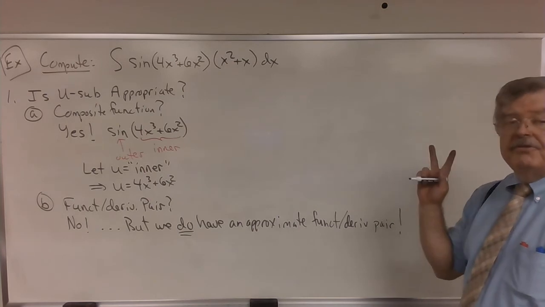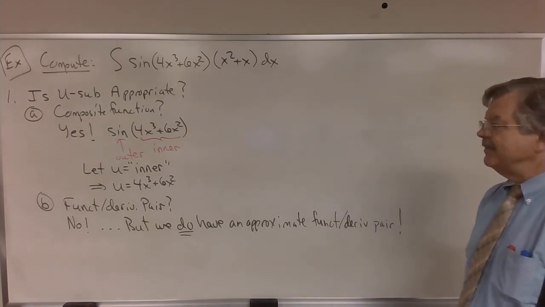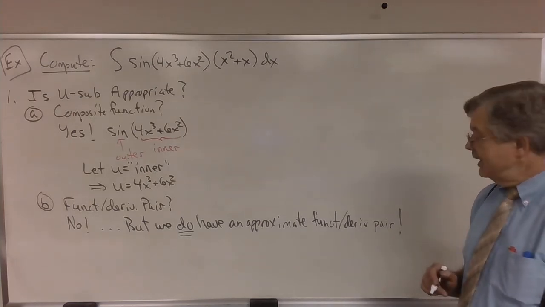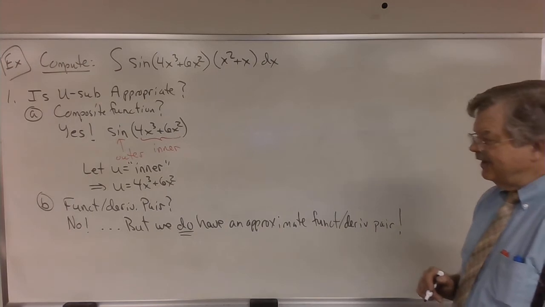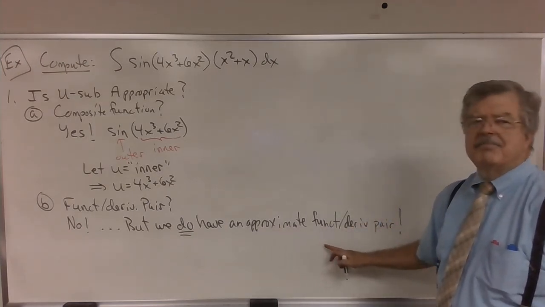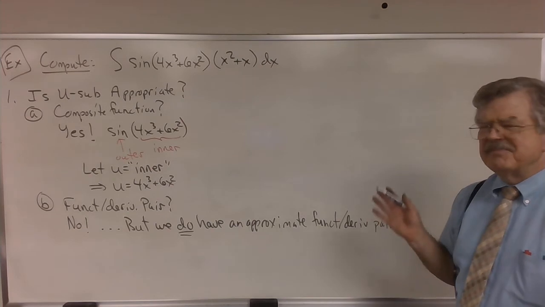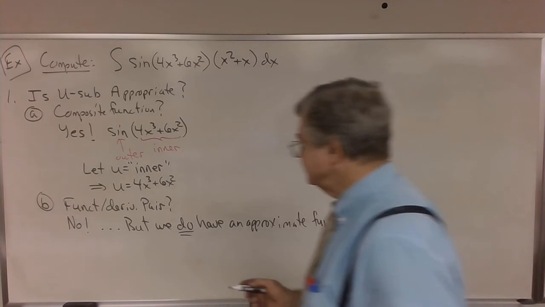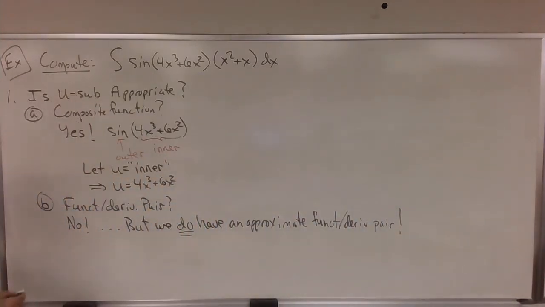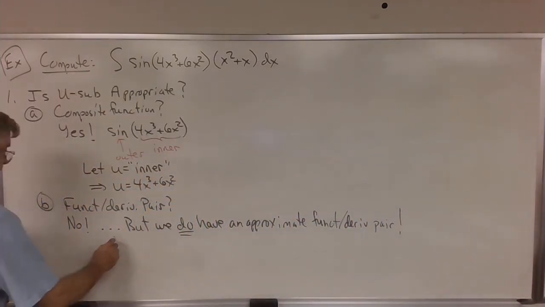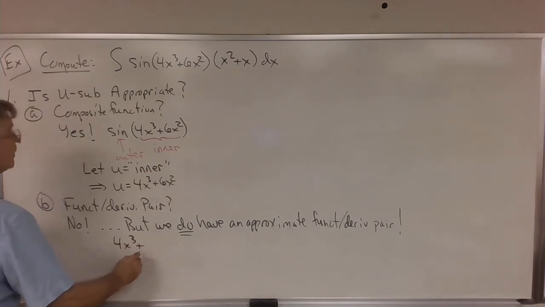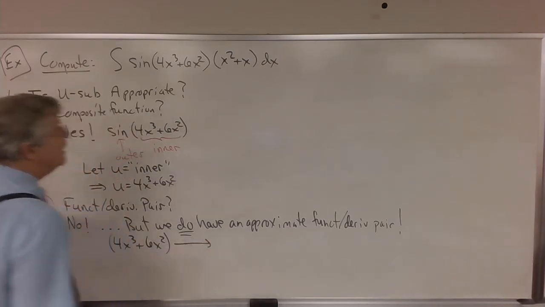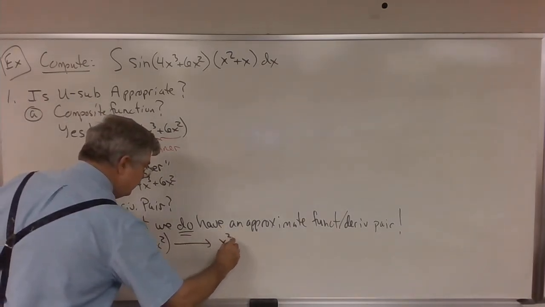Now, we have two choices at this point. We can either say we don't have a function derivative pair and quit, or we can say we don't have a function derivative pair, but we do have an approximate function derivative pair. Let's just go with it. What have we got to lose? So here's our function derivative pair. 4x cubed plus 6x squared, there's the function, and the derivative is x squared plus x.